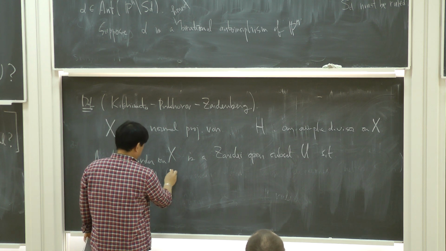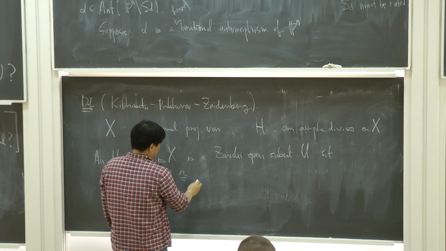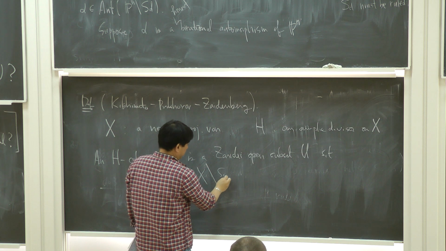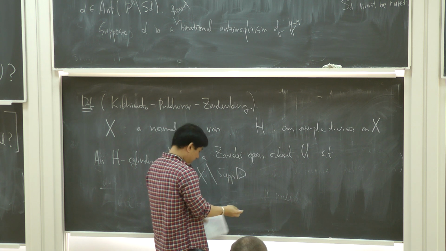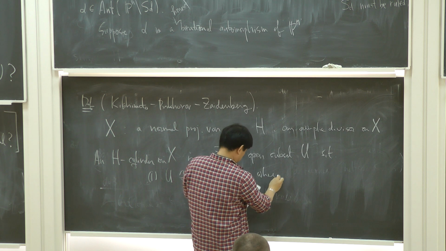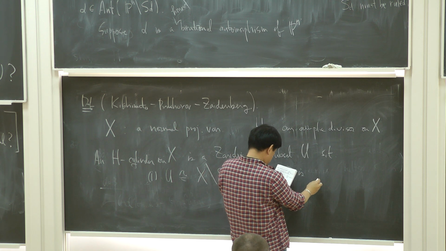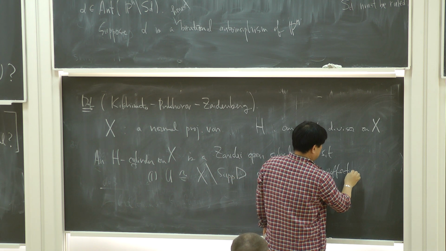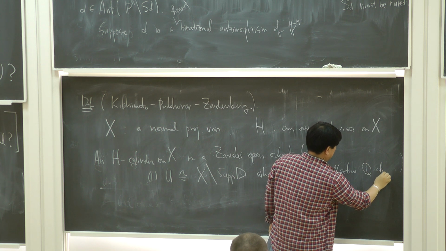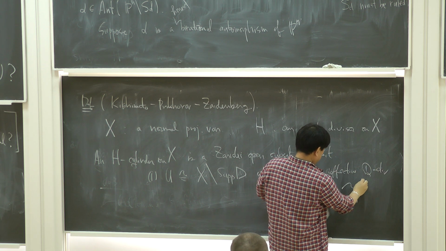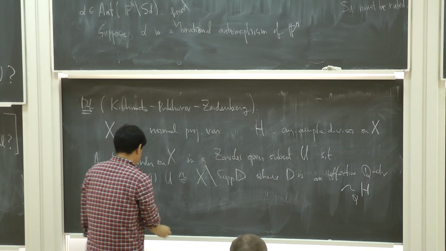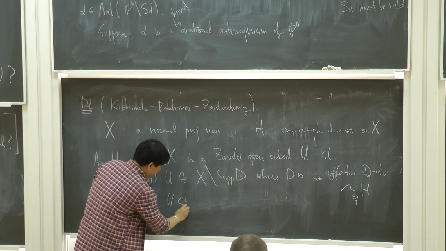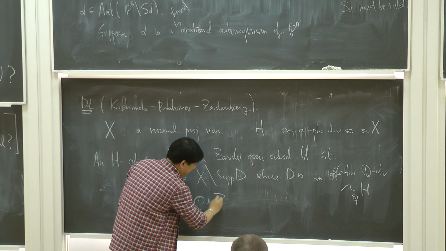The first condition is that U is isomorphic to the complement of the support of some effective Q-divisor, Q-linearly equivalent to H. And the second is that U is a cylinder, that means it is C times some affine variety Z.